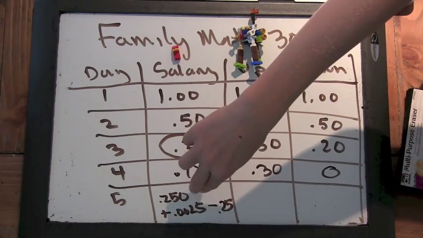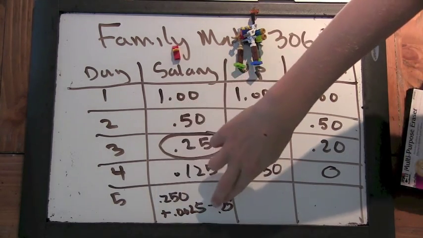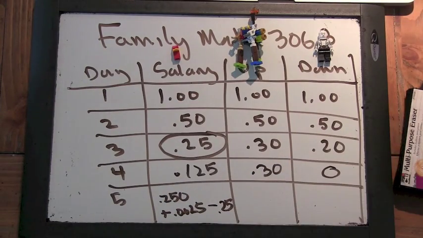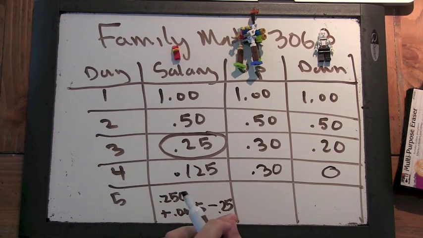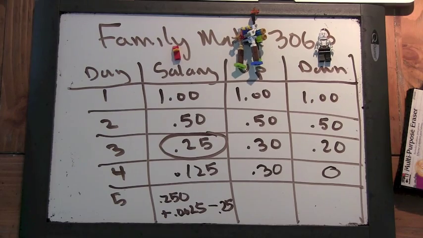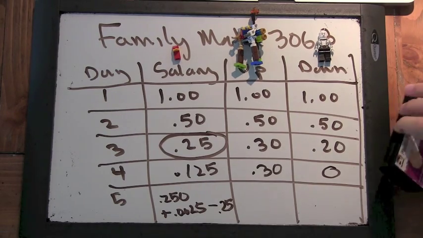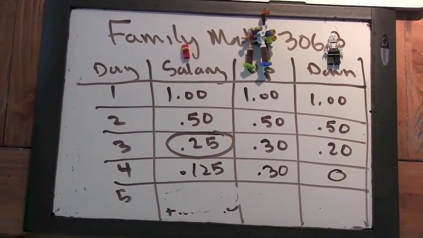You could subtract away the 0.25 from the 0.250 first, and then you're just left with 0.0625. If we add these together first, that becomes a little tricky, and then we do the subtraction. So what's the sum equal? It equals 0.0625. Okay, all right, let's go on to the third movie here.